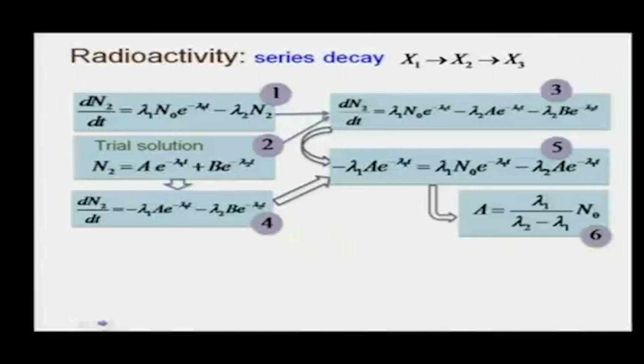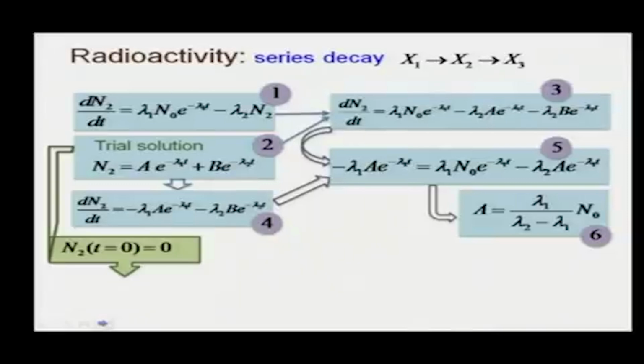Taking exponential minus lambda 1 t as common and removing it, you have a equal to lambda 1 over lambda 2 minus lambda 1 times n 0, right.